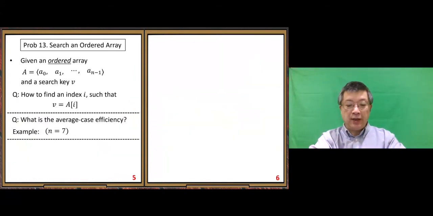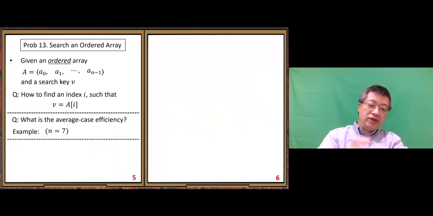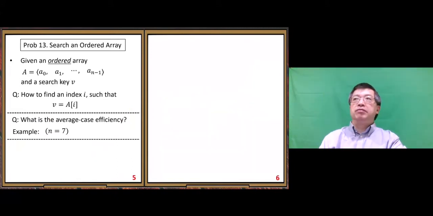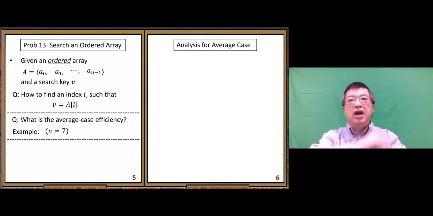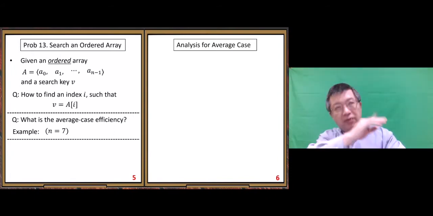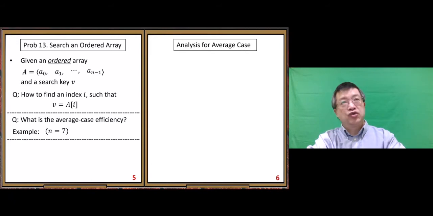All right, so let's solve this problem: average case efficiency for n equals 7, the binary search. To do that, let me draw a diagram. From this diagram, you can get the answer not very hard, pretty straightforward.